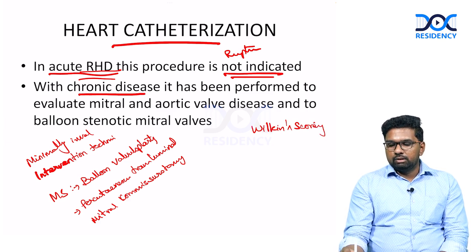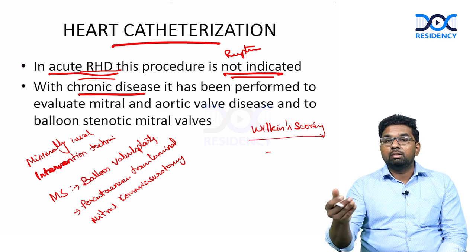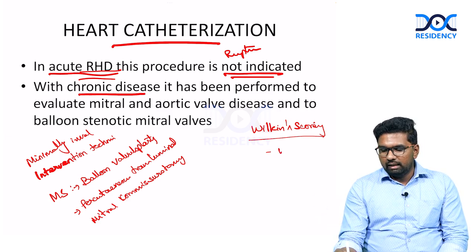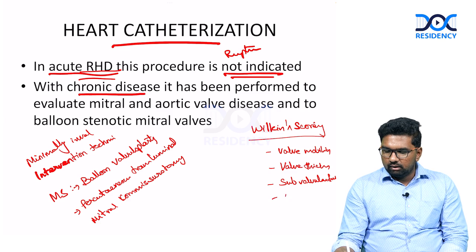The Wilkins scoring system has 4 gradings based on 4 criteria, like valve mobility, valve thickness, subvalvular fusion, chordae status, or rupture of the chordae or leaflets.